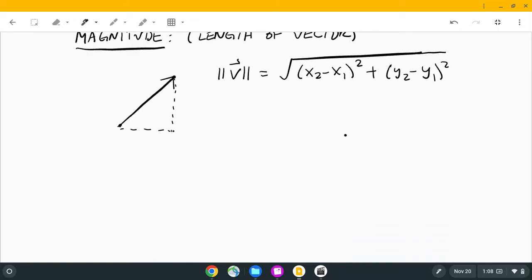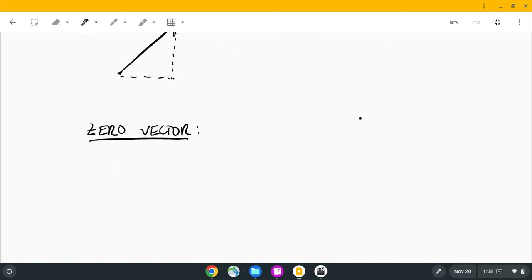We have two special vectors, the zero vector and the unit vector. Let's point out some characteristics about them. The zero vector has no direction and no magnitude.